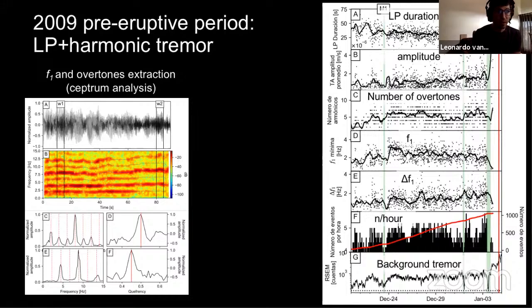So there are some interesting trends here, like the decrease in LP duration, or maybe the slight decrease in the fundamental frequency. But what is most interesting here are these moments in green, this green bar here, that I call M1, M2, and M3, that are seismic minimums, because we see this drop in background tremor at the same time that the number of these events, LP plus harmonic tremor, also decreases, especially in this moment here.